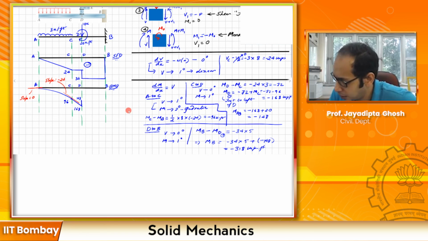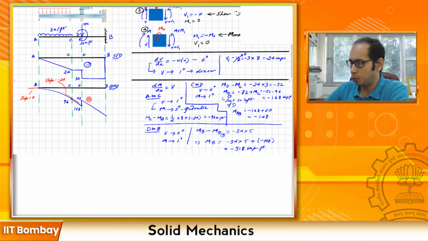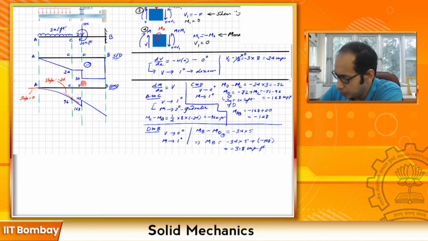So let's mark that one, or maybe let's just draw the line, because it's a linear variation over here. And what will be the slope over here? The slope over here is going to be 34. So this line will not be parallel to this one, because here the slope was negative 24, here the slope will be negative of 34. So at this point you have a minus 318 feet.